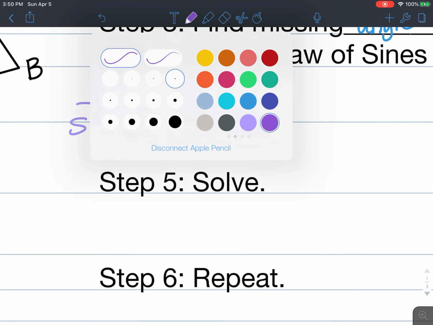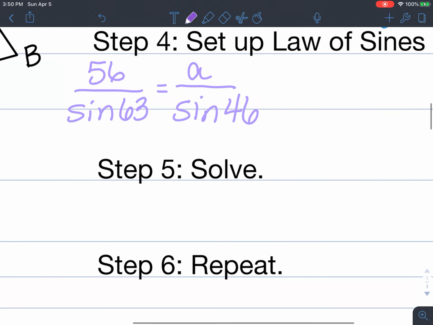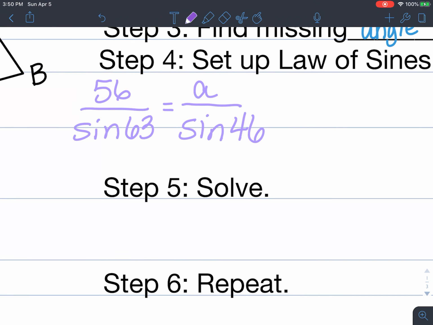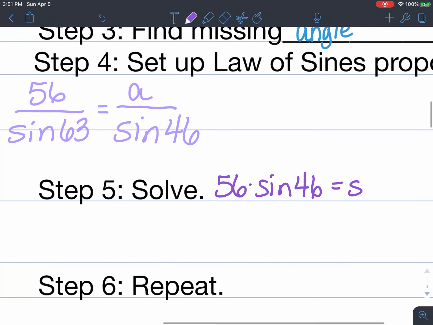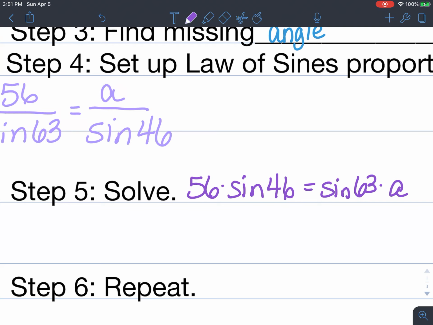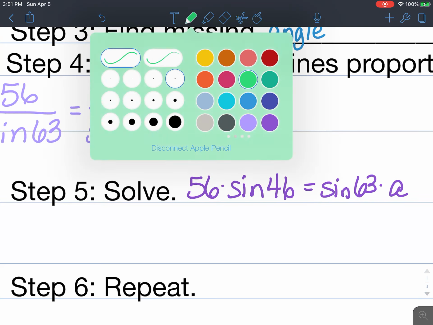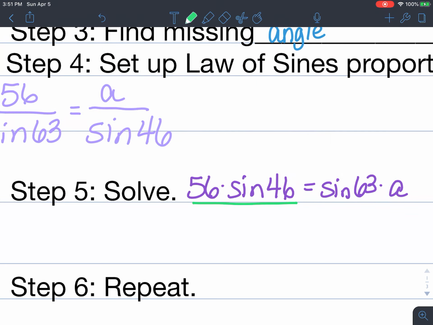To solve this, we're going to have to do some cross multiplying. So we get 56 times sine 46 equals sine of 63 times a. I'm looking for a, so I'm going to have to divide both sides by sine 63. And then that will give me a.